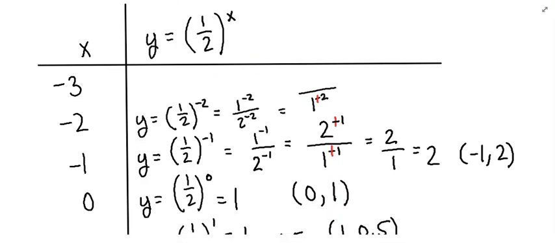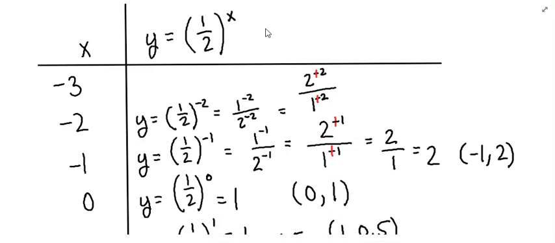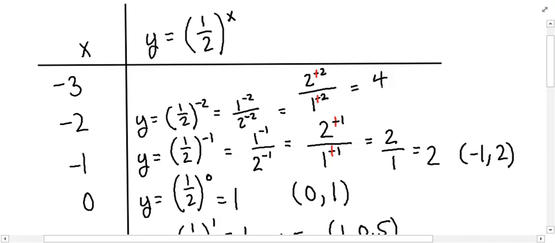Okay, and then the 2 to the -2, it's in the denominator, move it to the numerator, change the sign of the exponent. So you're going to end up with 2 squared, which is 4, over 1 squared, which is 1. So this whole thing turns into 4. So if x is -2, y is 4.